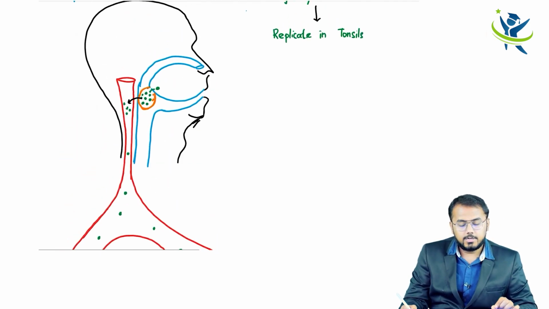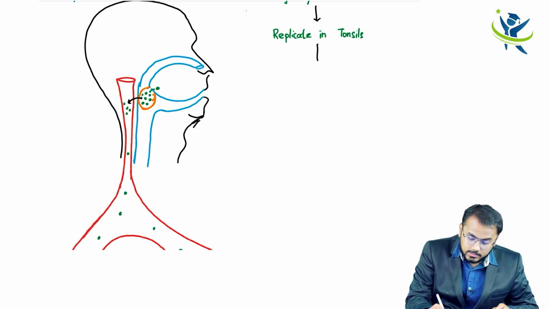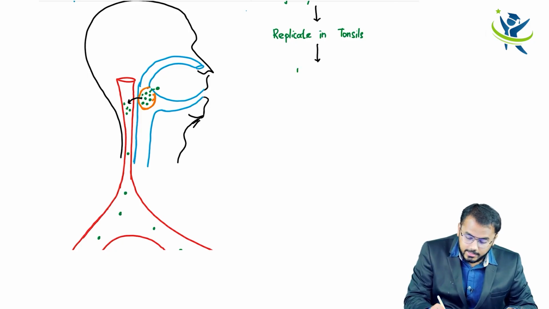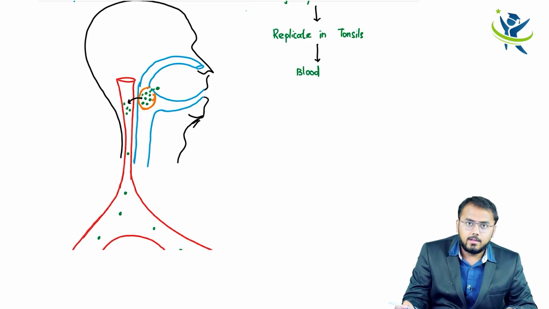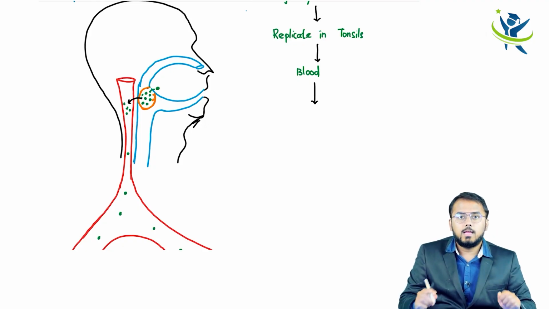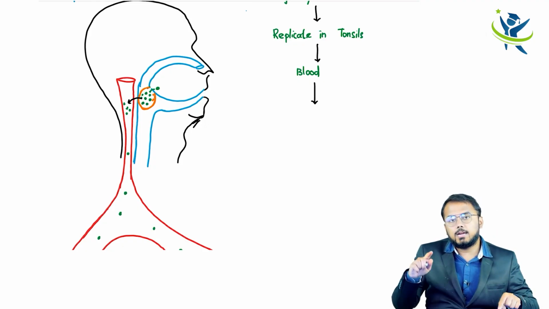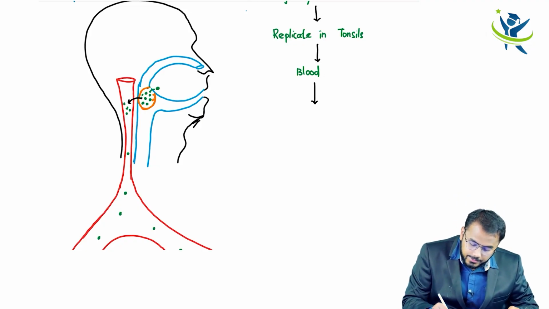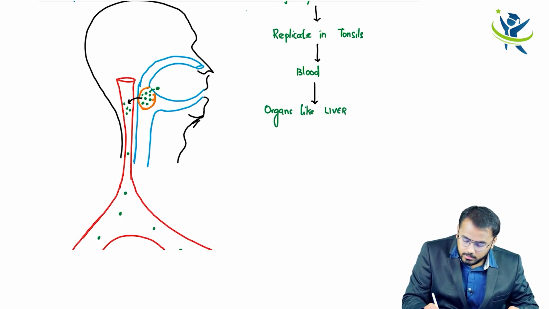First, the virus entered into your respiratory tract, it replicated in the tonsils, right? So let me write down these things, guys. Then it entered into your blood, and from the blood, this virus all the way came down and it went inside the hepatic artery and the splenic artery and entered into the organs like liver as well as spleen.